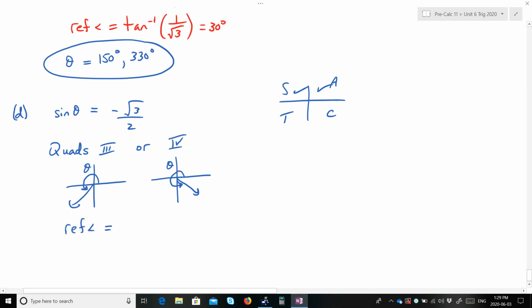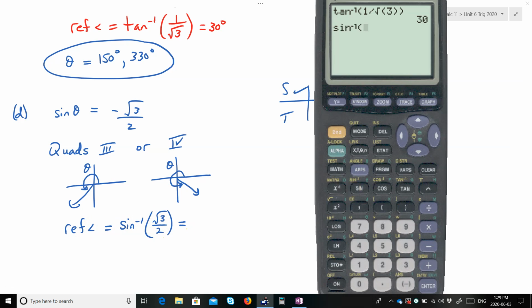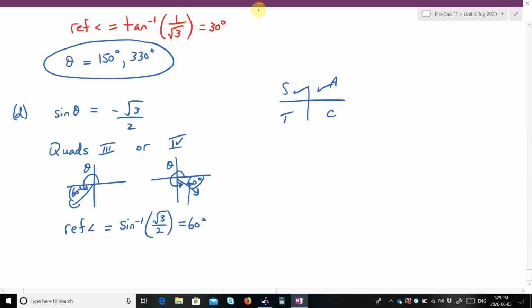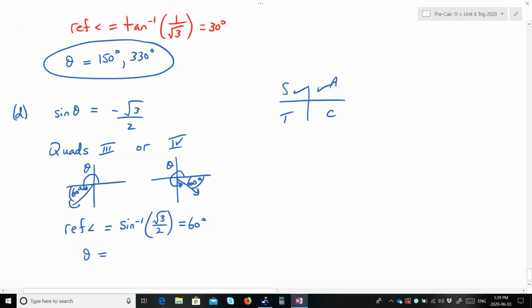All right, the reference angle is going to be sine inverse of root 3 over 2. Shift sine, root 3 over 2, and we get a reference angle of 60 degrees. That means this little angle is 60, and this little angle here is 60. So the rotation angles are theta equals 180 plus 60 in quadrant 3, so 240 degrees, and over in quadrant 4 it's 360 minus 60, which is 300 degrees.